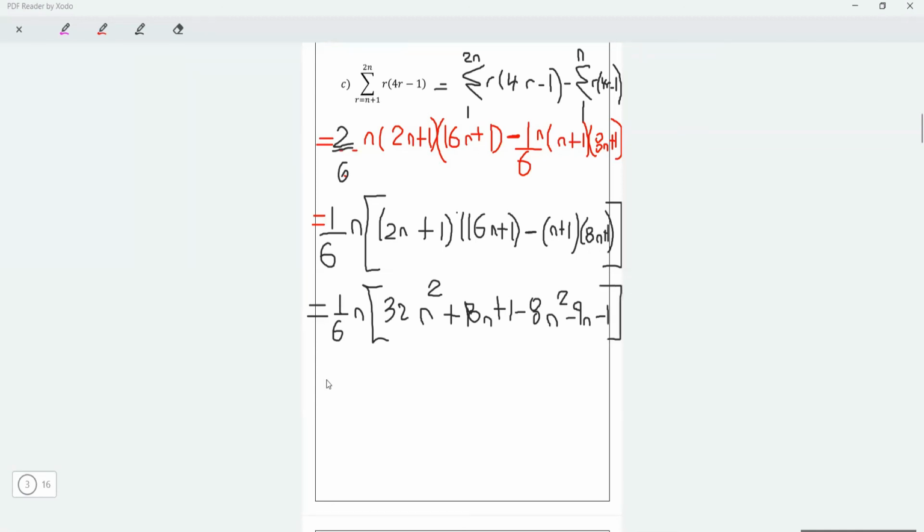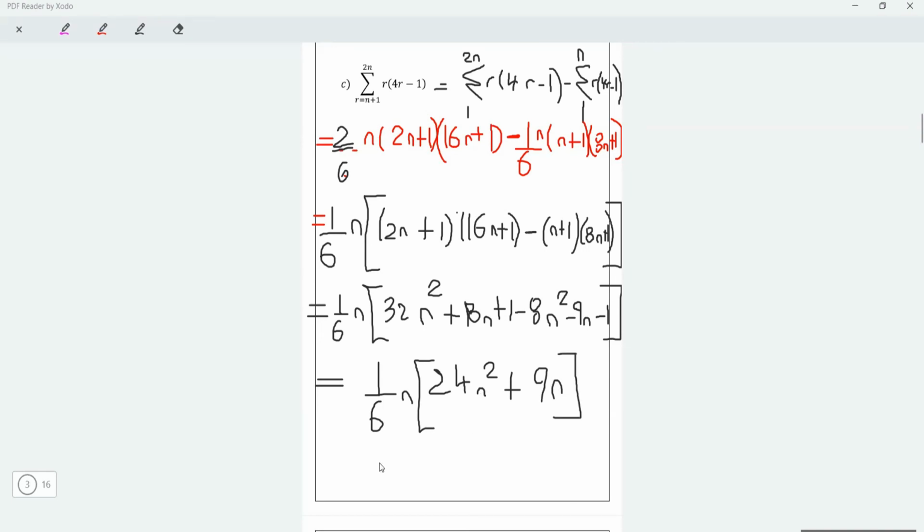So finally what we're getting is, this works out to be 1 over 6 times n times, in this bracket now, 32n squared minus 8n squared is 24n squared. Then you have 18n minus 9n, that's plus 9n. And that's your final answer: 24n squared plus 9n.